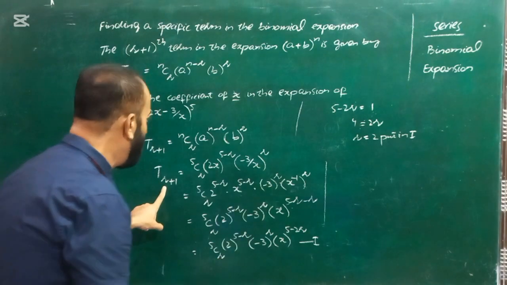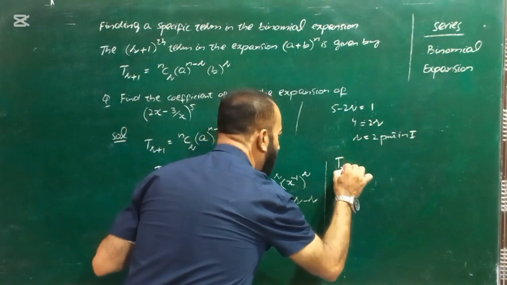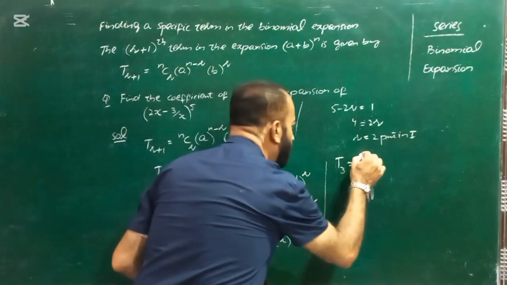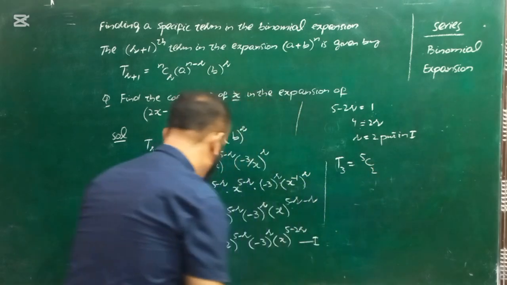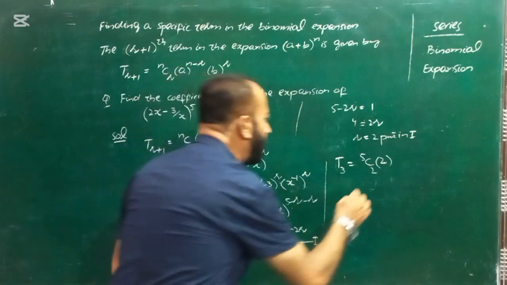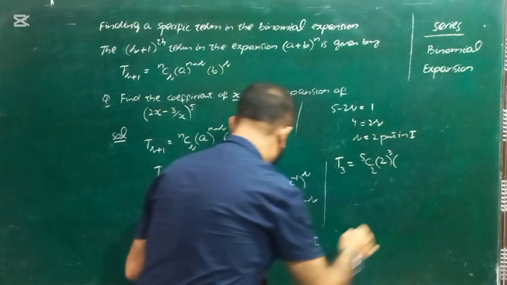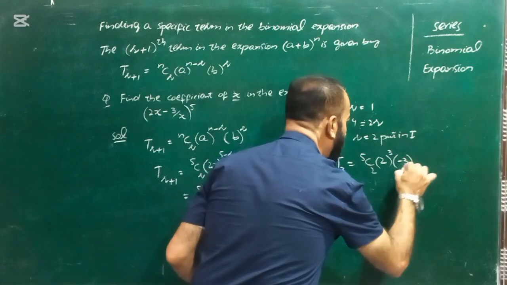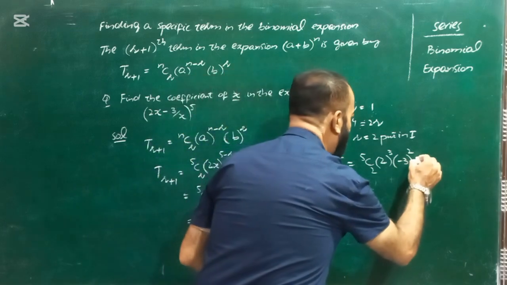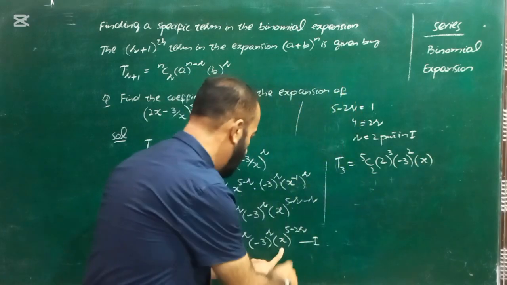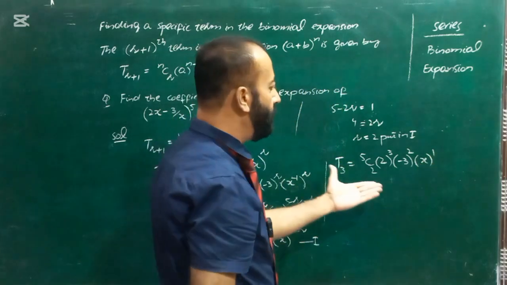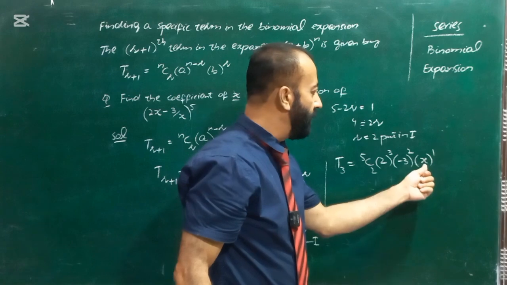So it will become T3 equal to 5C2 into 2 raised to power 5 minus 2, which will be 3, into minus 3 raised to the power r is 2, into x raised to the power, because r is 2, 2 2s are 4, 5 minus 4 will be 1. So you can see it has automatically become x.